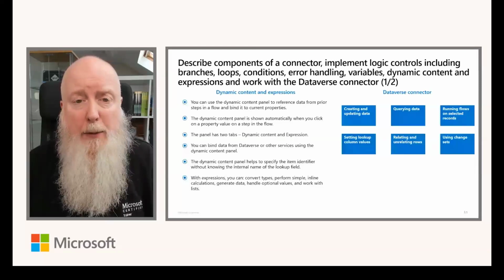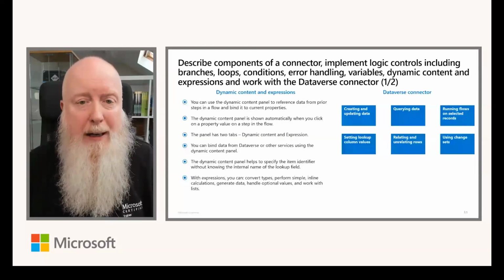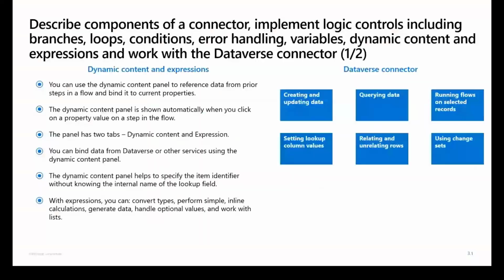We specify the table name as well as the primary key of the record. There's also things such as many-to-many. If you do a many-to-many relationship, we don't create or update records, we use the associate action in Dataverse. So there's actually quite a lot of actions within the Dataverse connector, probably 20 or 30 different actions to cover all of those.